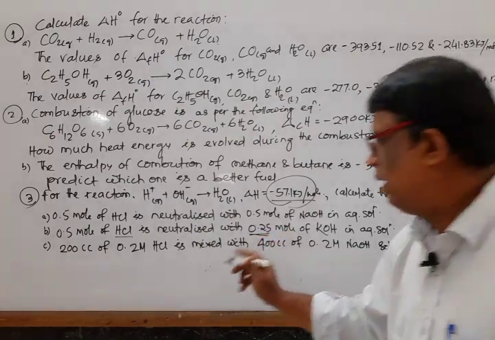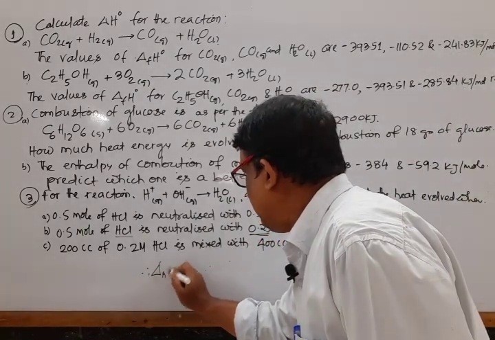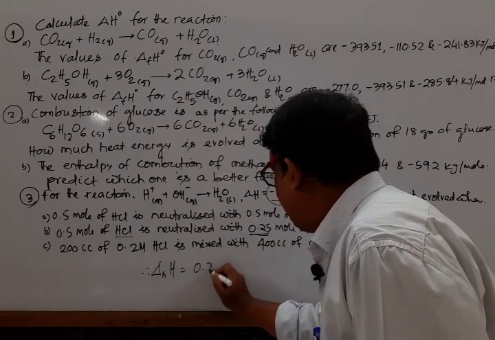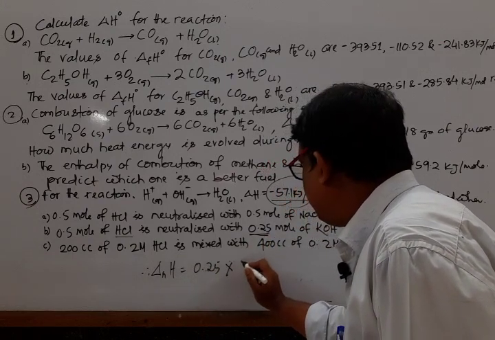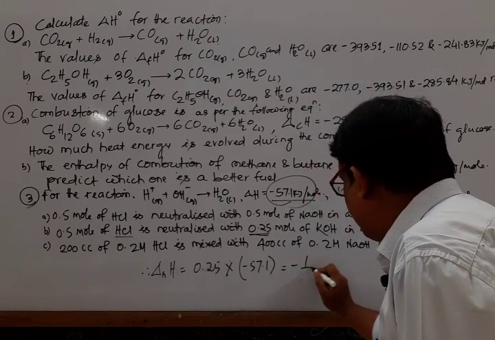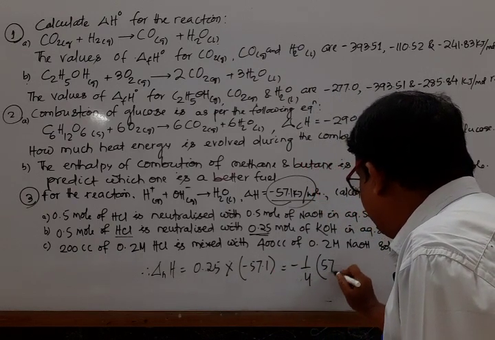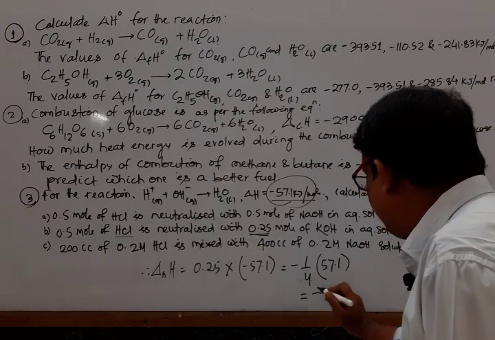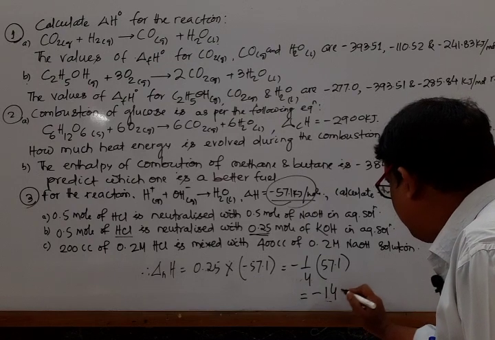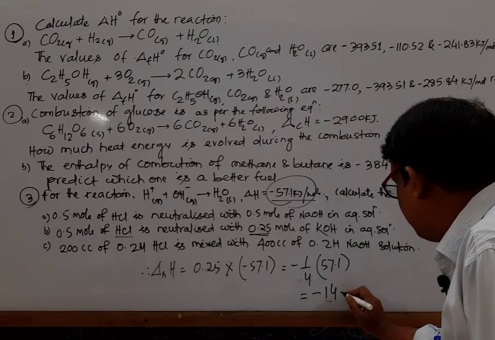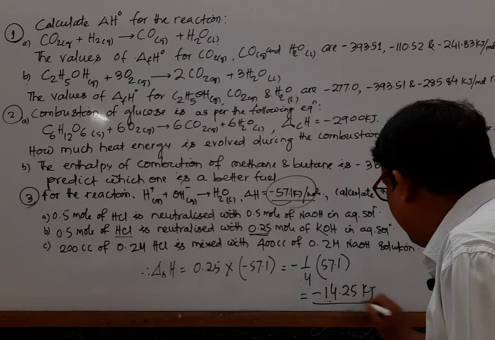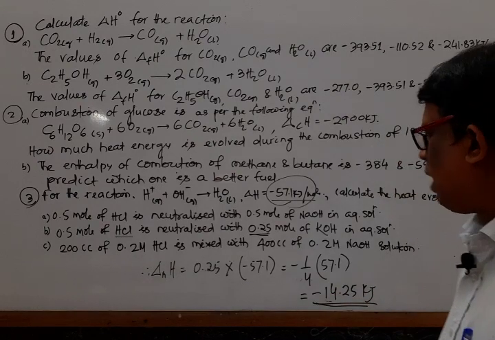So the heat of neutralization, ΔHn, is equal to 0.25 into minus 57.1, equal to minus 1 by 4 into 57.1, that is minus 14.25 kilojoule.